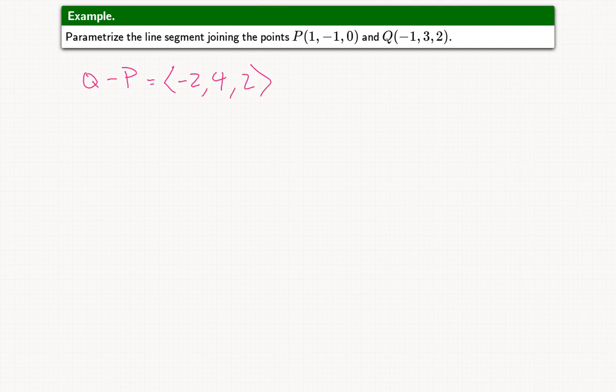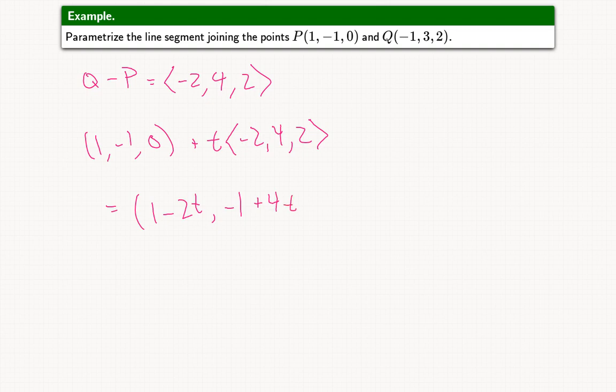And so the form of the line segment going from P to Q will be 1, -1, 0 plus t times -2, 4, 2, or if you prefer, this will be 1 minus 2t, -1 plus 4t, and 2t.